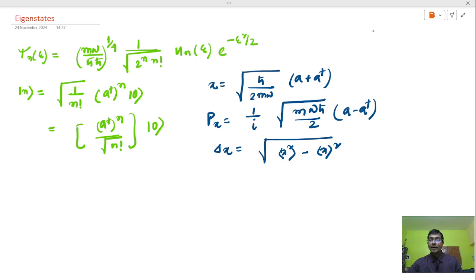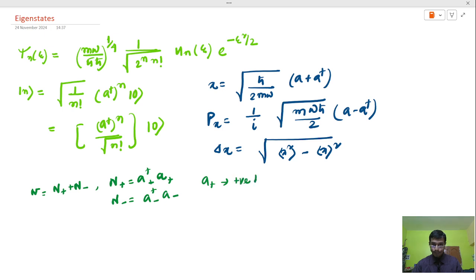And we have another algebra of number operator, that N is basically N positive plus N negative, where N positive is a dagger positive a positive, and N negative is a dagger negative a negative, where a positive is the plus type and a negative is the minus type.